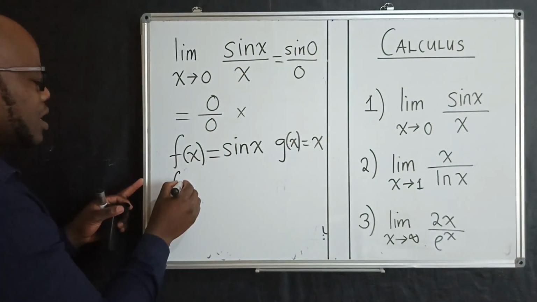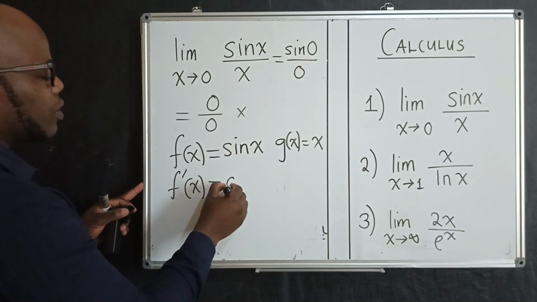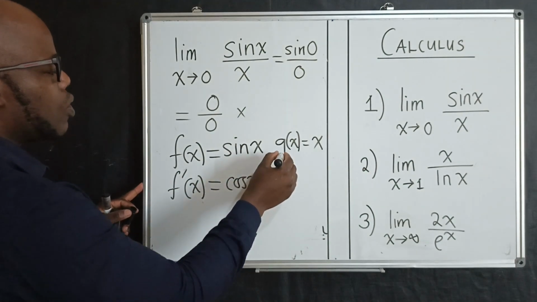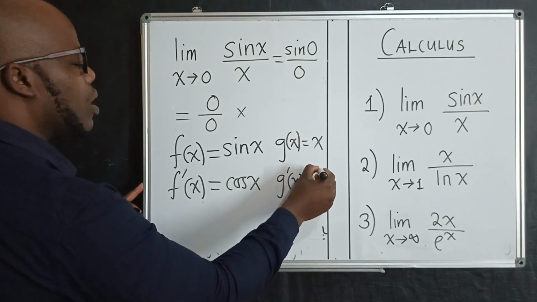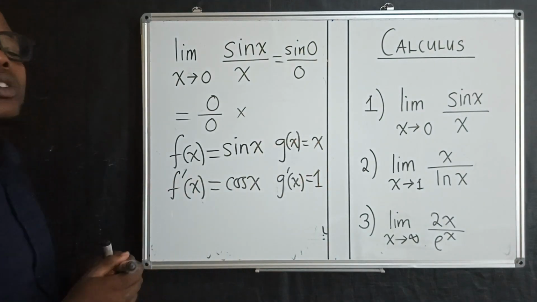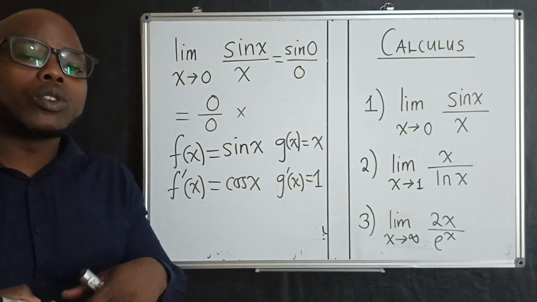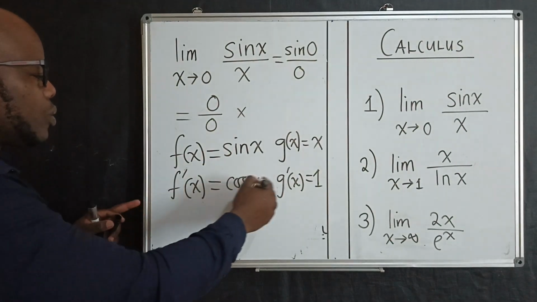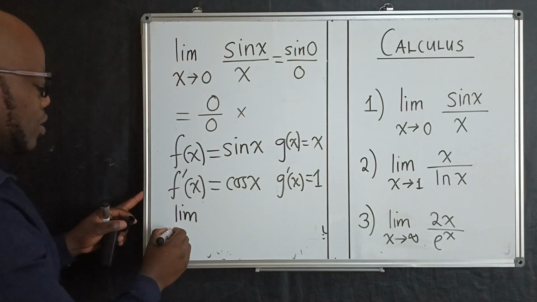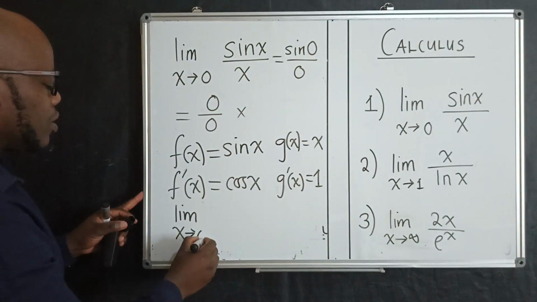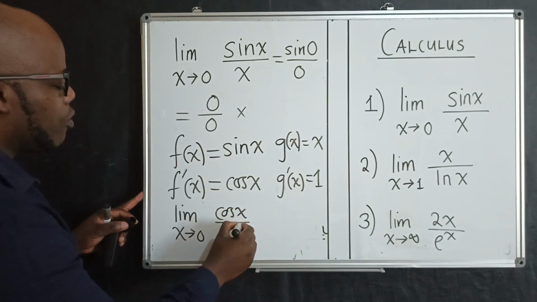So when we differentiate this, we shall say f prime gives us cos x, while g prime gives us a 1. What is the derivative of x? It is 1. What is the derivative of sine x? It is cos x. So now we go back to the limit as x approaches 0 of cos x over 1.